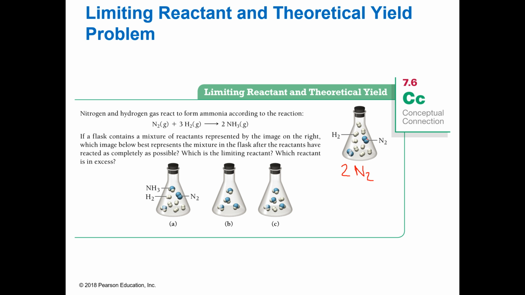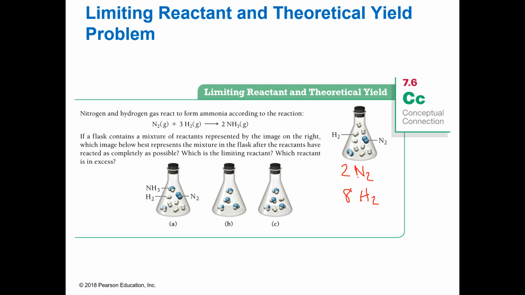And then how many hydrogens do I have? I have 1, 2, 3, 4, 5, 6, 7, 8. 8 hydrogens. Which image below best represents the mixture in the flask after the reactants have reacted as completely as possible? What is the limiting reactant and which reactant is in excess? So which do I still have left over?